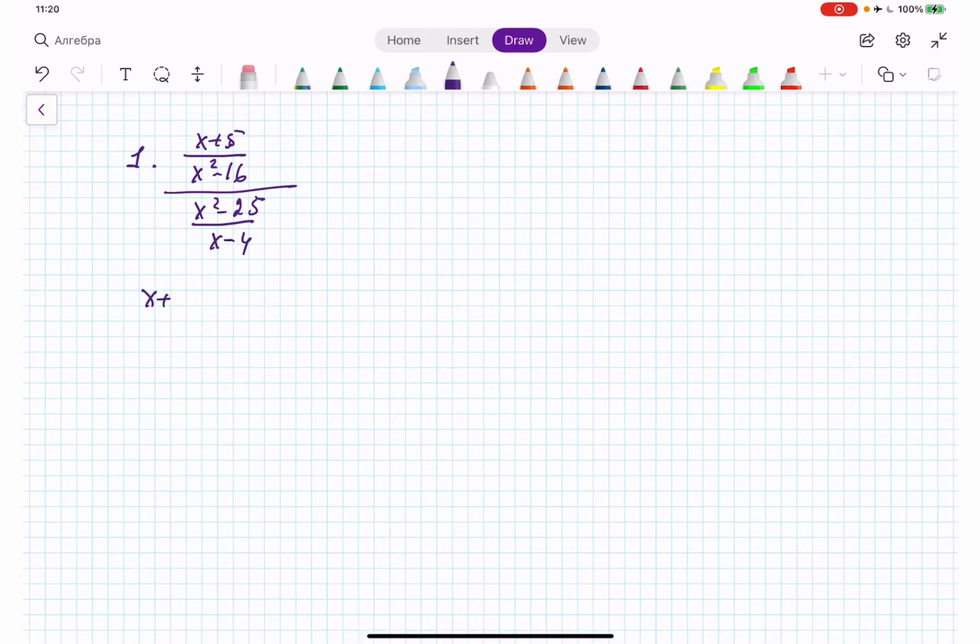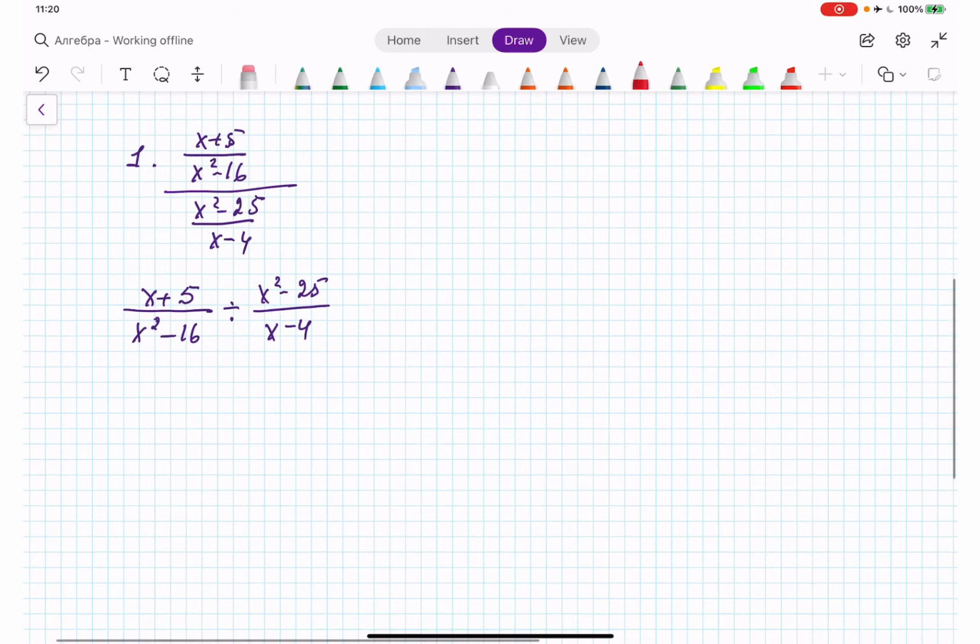Here we have x squared minus 16 and x squared minus 25. These two expressions follow the rule of difference of squares, which is a squared minus b squared equals a minus b times a plus b.